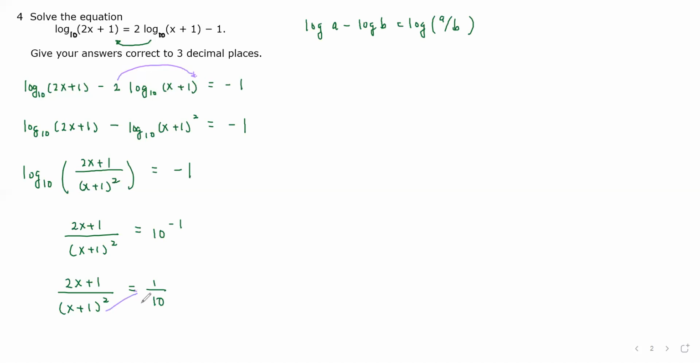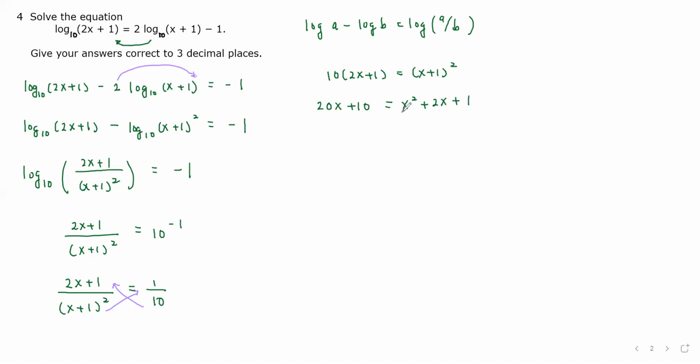We can cross multiply so that 10 times 2x plus 1 equals the square of x plus 1. Expanding on the left, 20x plus 10. On the right, when we square x plus 1, we have x squared plus 2x plus 1.